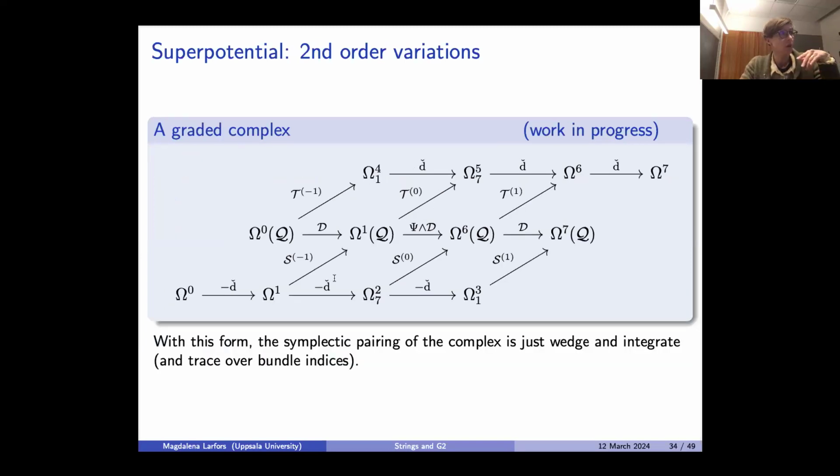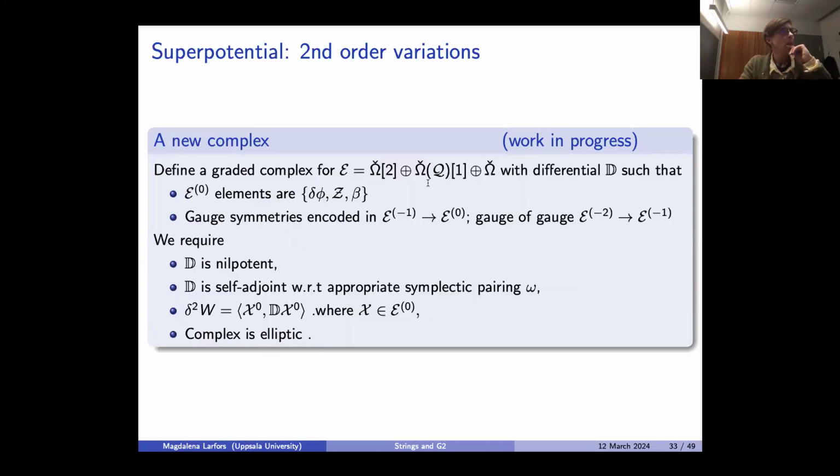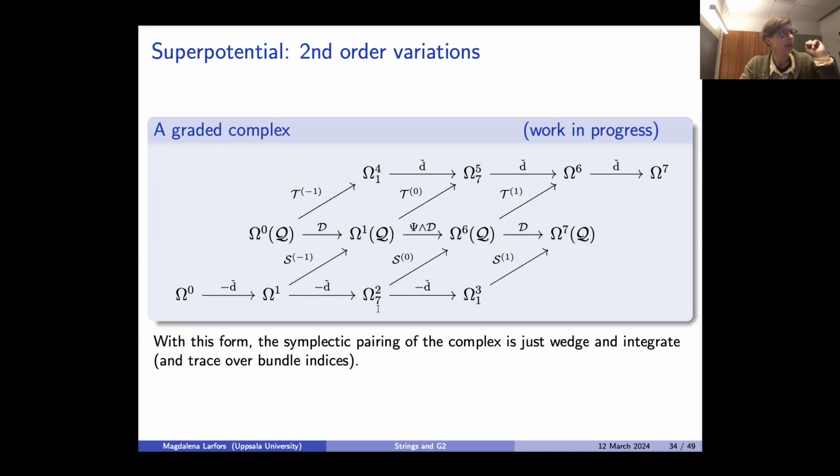So it's a combination of three complexes, and the physical parameter space that we're interested in, the deformation space, is captured by the fields in zero homological degree. So they sit here.